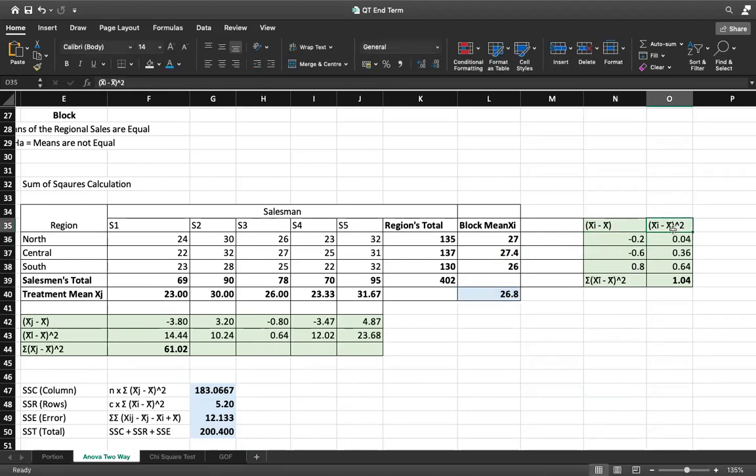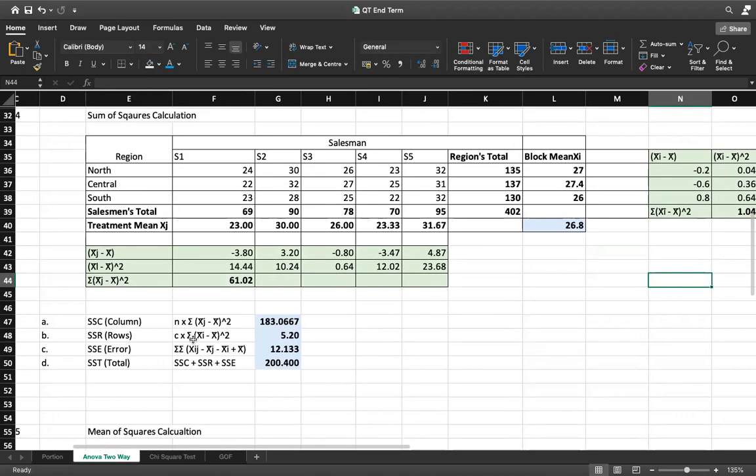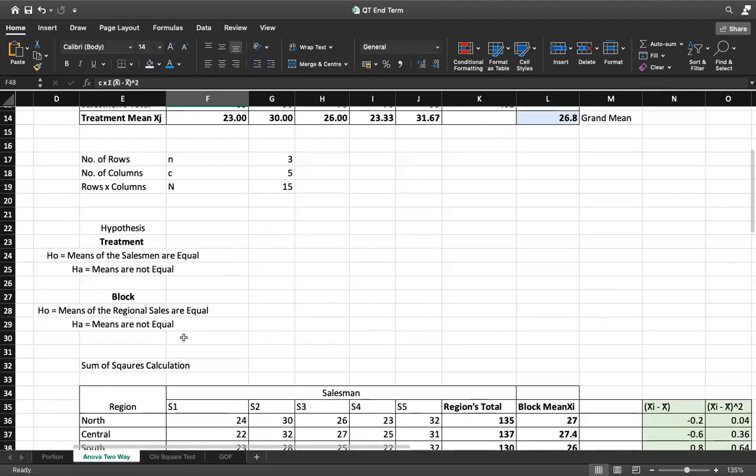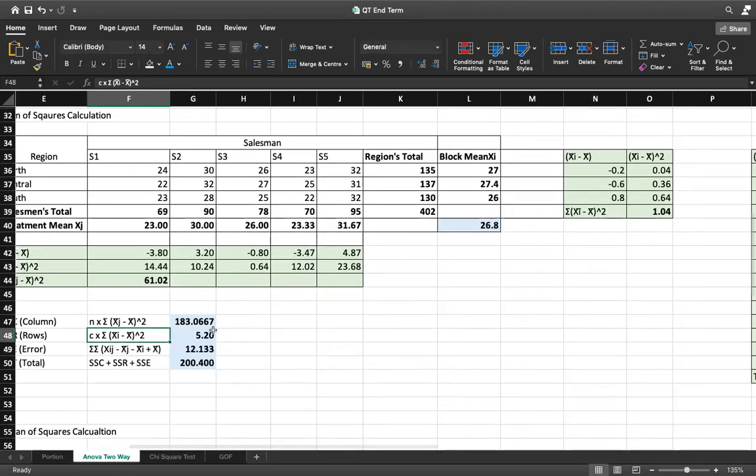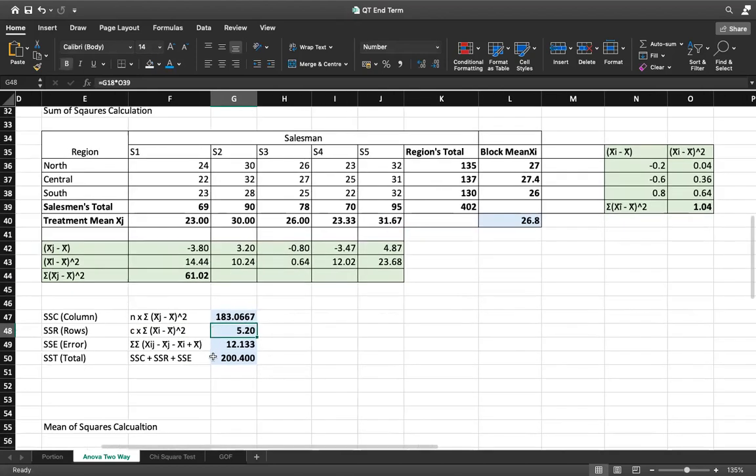Then you square all of the subtractions and find the summation of the squares. So this is the sum of this. For your SSR, the sum of squares for your rows, it's C into this value, where C is your 5, the number of columns, into 1.04. That gives you SSR.